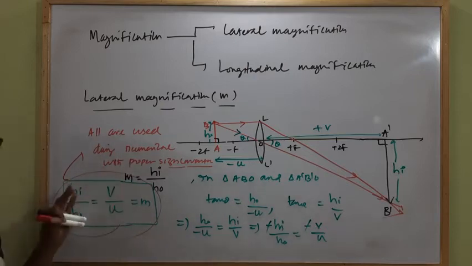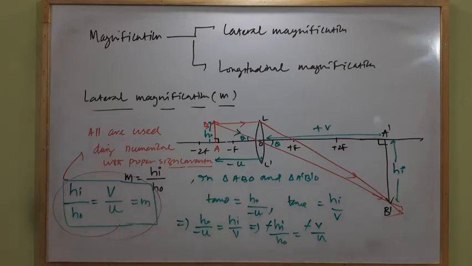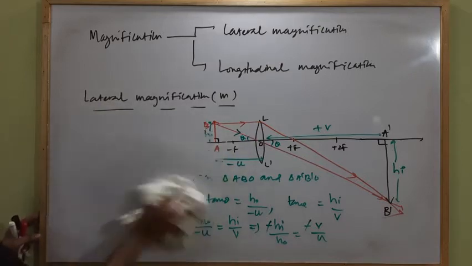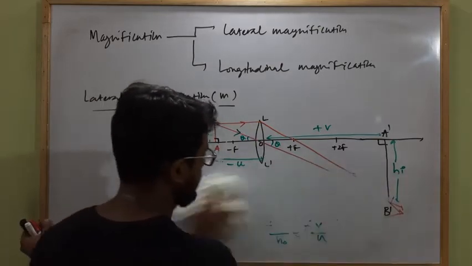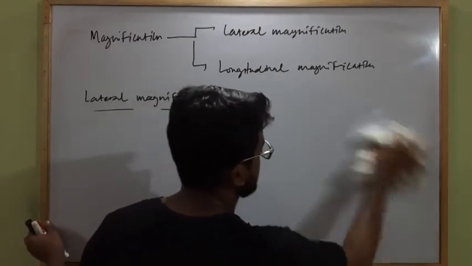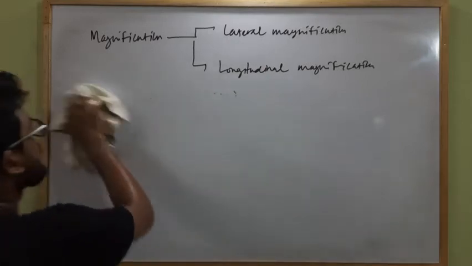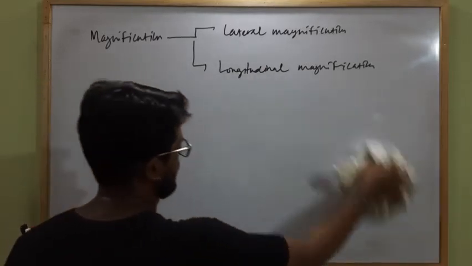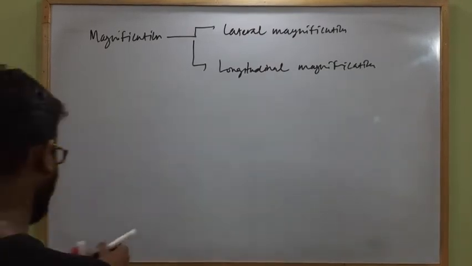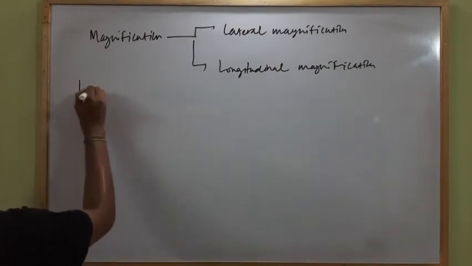So this is known as lateral magnification, which is h i by h o equal to v by u. Clear? Next we will study longitudinal magnification.